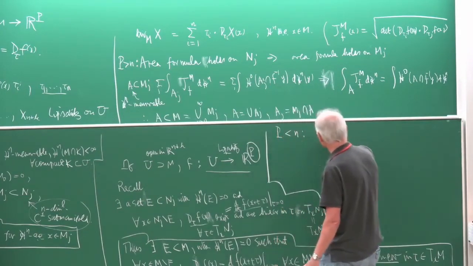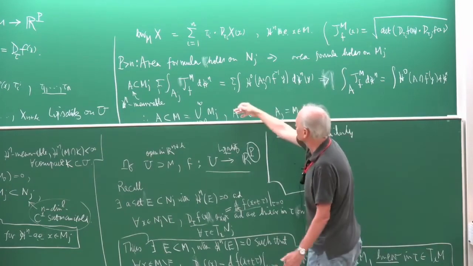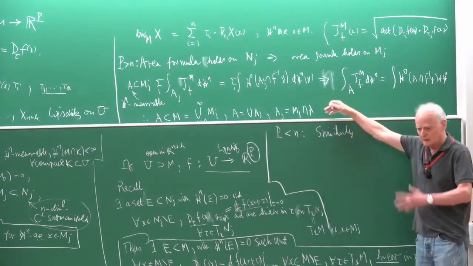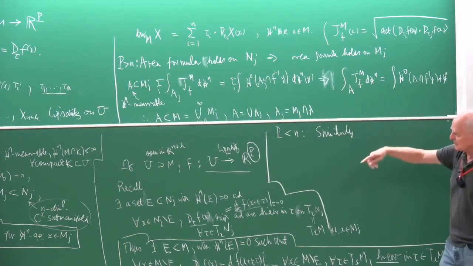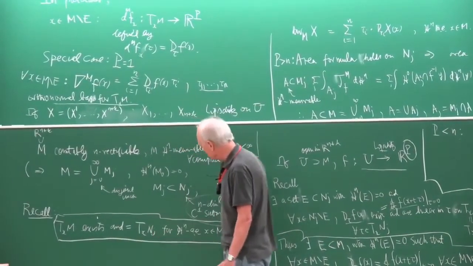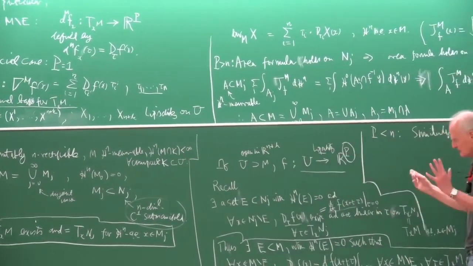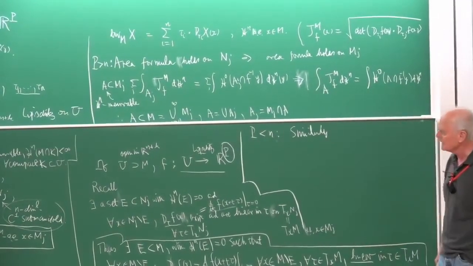Similarly, I won't go through that argument again, but you simply use this decomposition the way we've done here, and you use the fact that the approximate tangent space of M is the same as the approximate tangent space of N_j for almost every x in M_j, and just use the co-area formula from the C1 case.